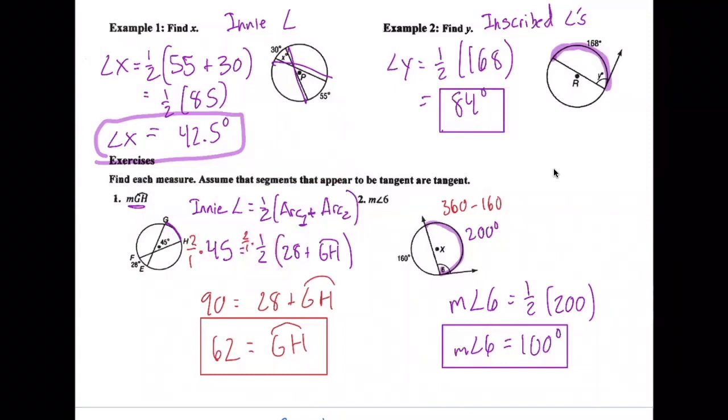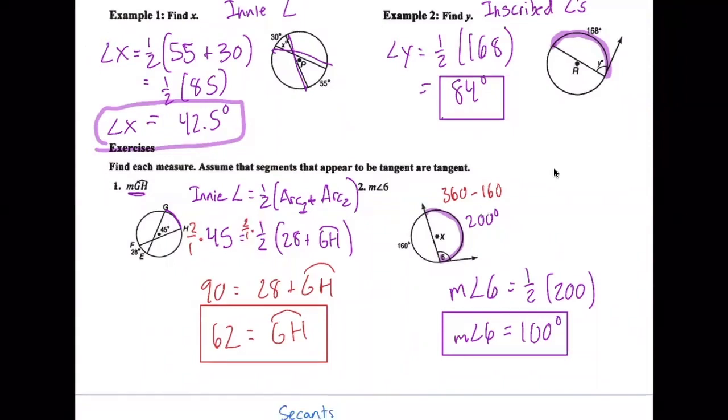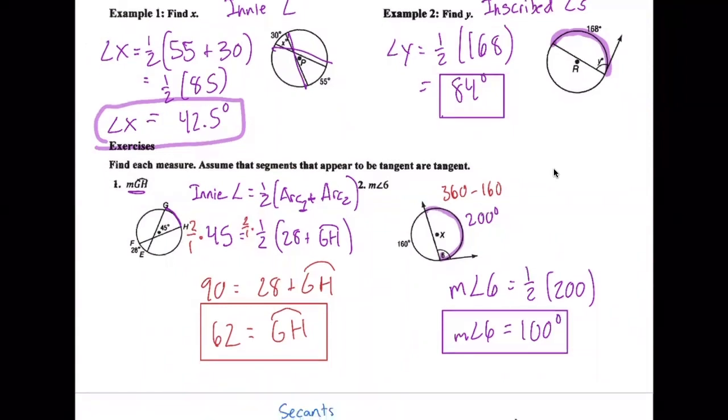So I multiplied both sides by 2 to get rid of the fraction, and I subtracted 28 over. And then for number 2, if this arc here is 160, the remaining measure of the other arc is 200, which is the arc that angle 6 intercepts.